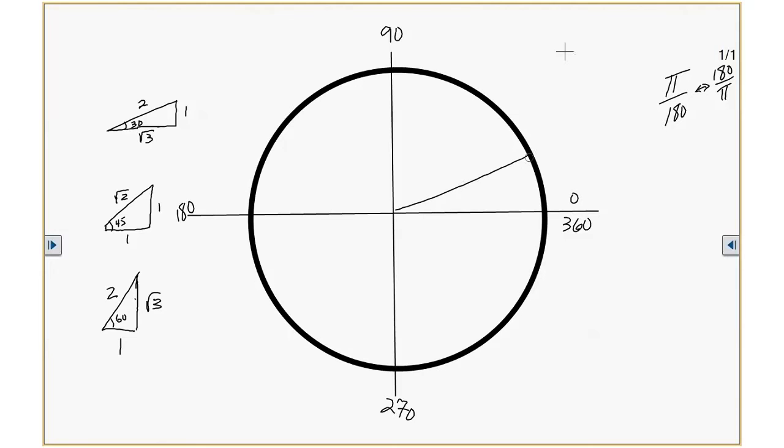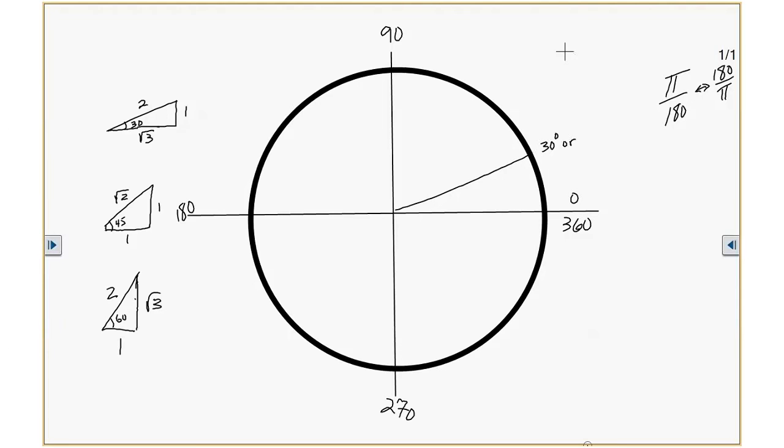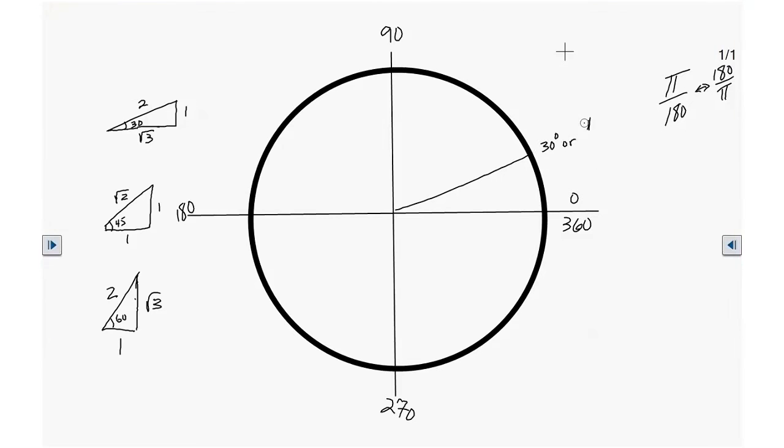Now, put the 30-degree in here. 30 degrees, I want to change it into radians, so that'd be 30 pi over 180, that'd be pi over what?